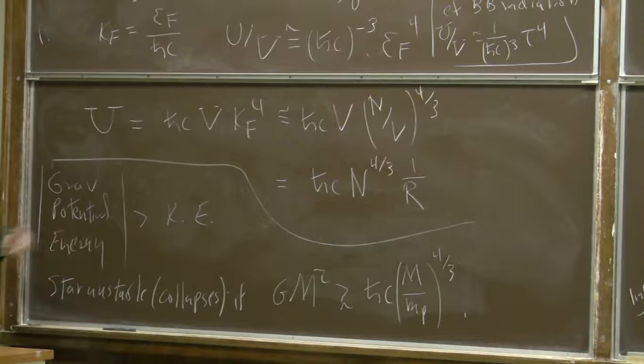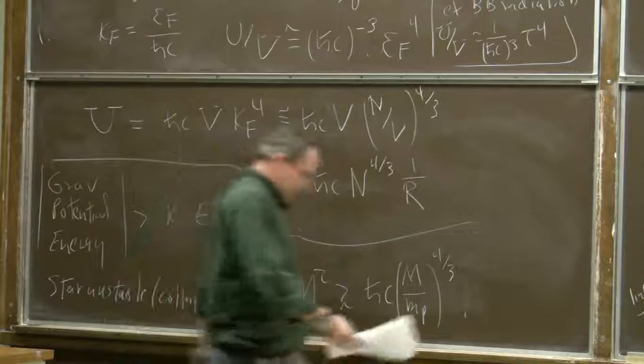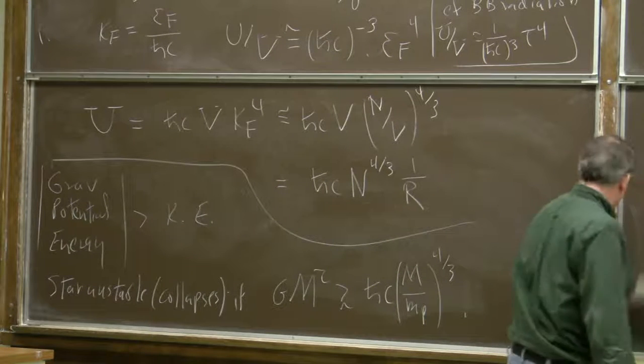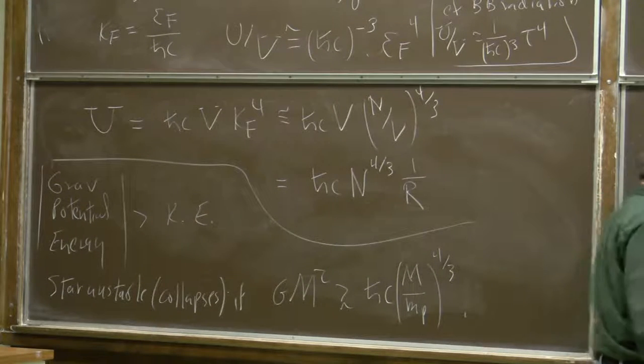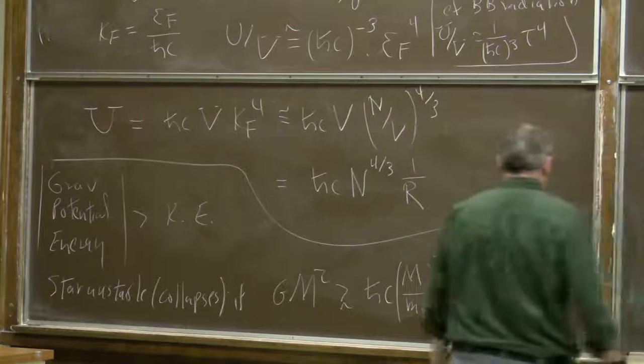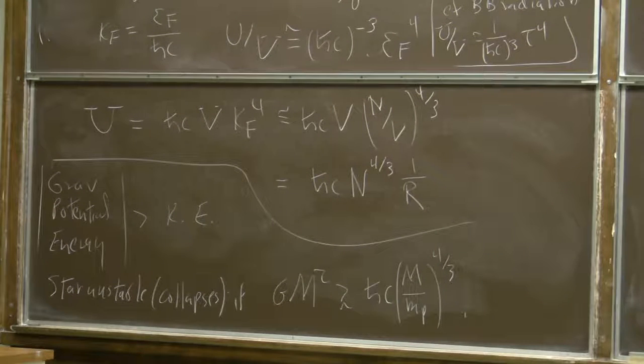So that inequality, if it's satisfied, means the star is unstable. And because the left-hand side goes like m squared and the right-hand side like m to the 4/3, once the mass is large enough, it'll be unstable.